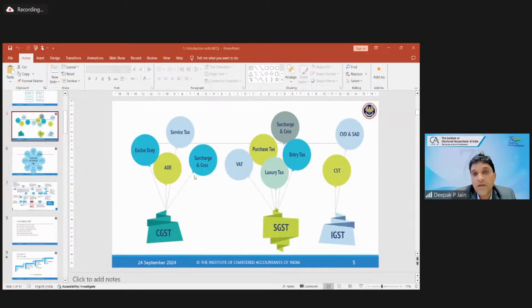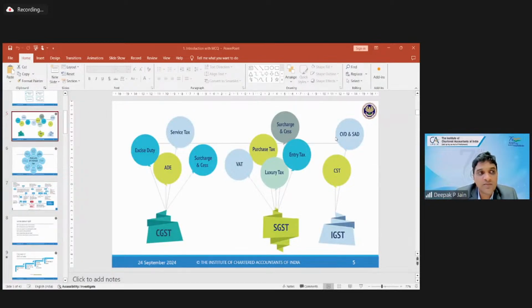So those all have been subsumed. Then VAT was levied on intrastate supply of any kind of sale which you make. Similarly, on interstate supply, central sales tax was levied. Then state government used to levy luxury tax, entry tax, purchase tax, surcharge, cess, all of that has got subsumed.